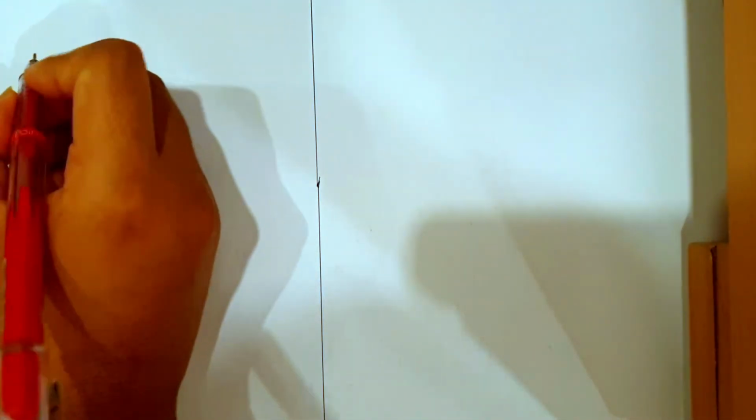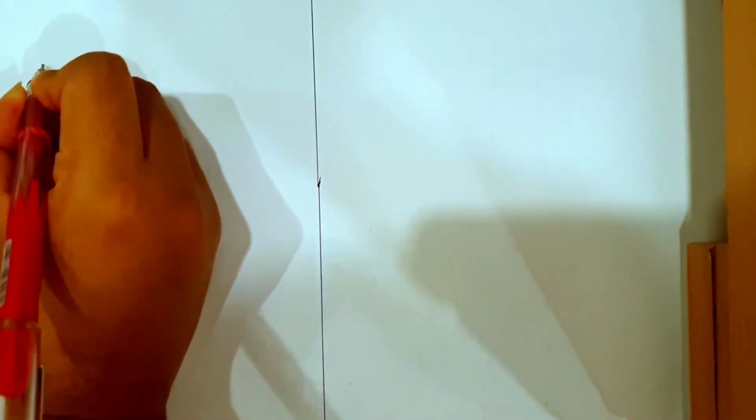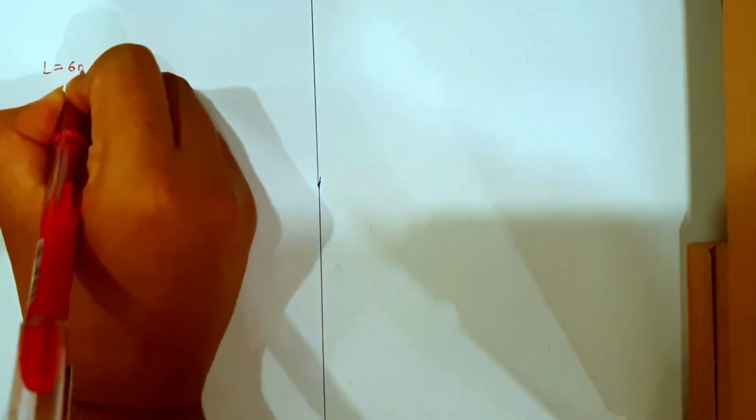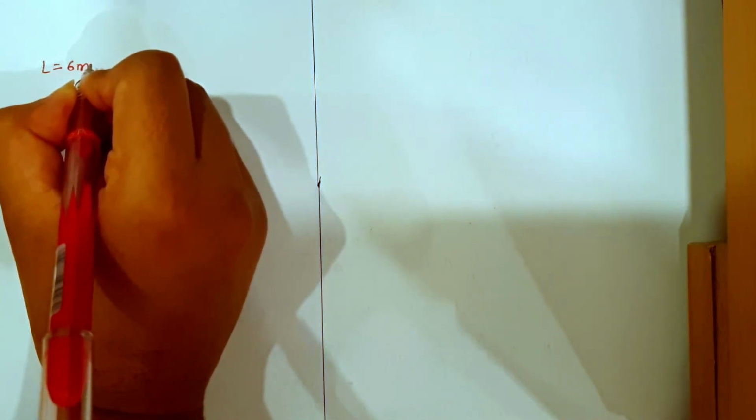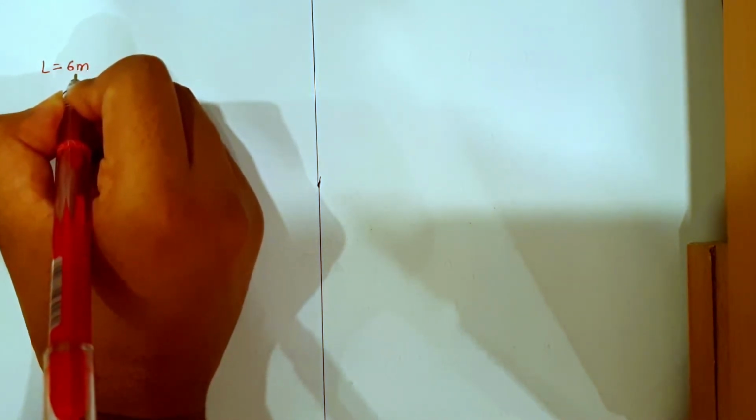Now for this numerical we need to design a suitable section. Okay, so it is a hollow circular section, and for this section we need to design its section. So that means the diameters are not given, right? So let us first start with whatever is given. Length of this hollow circular section is given, L equal to 6 meter, and what else is given? Load.